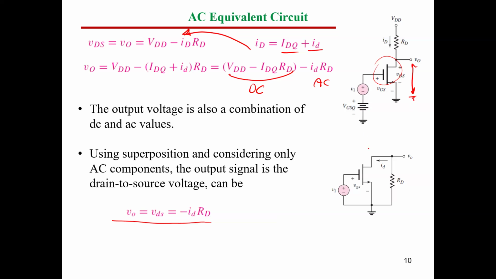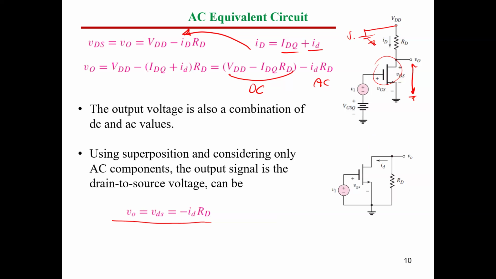Since we are interacting only with AC now, we don't care about the DC. So let's use superposition. If we are using superposition, we will remove all DC sources from the circuit. So here we have RD connected to VDD, which means we have a DC source called VDD connected to ground.